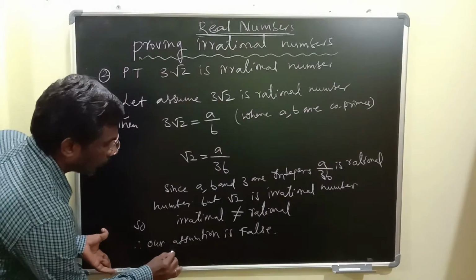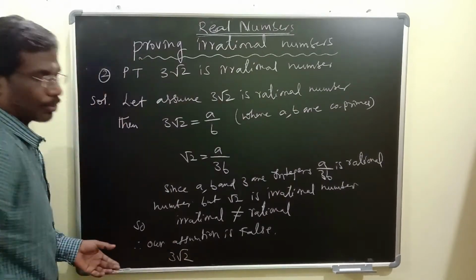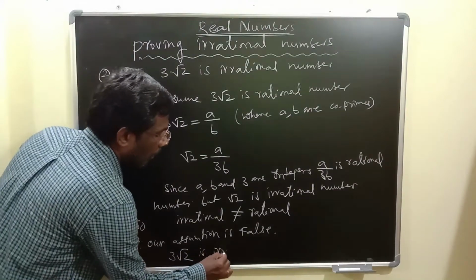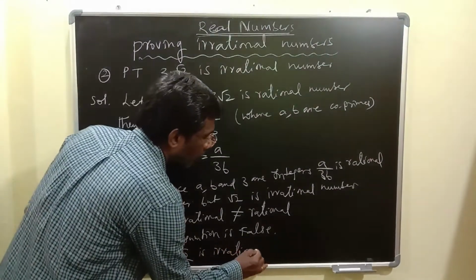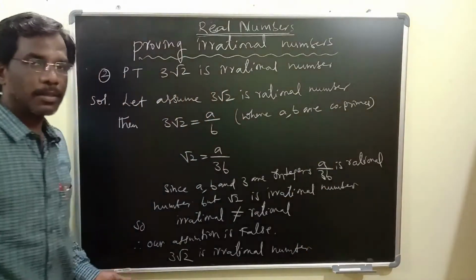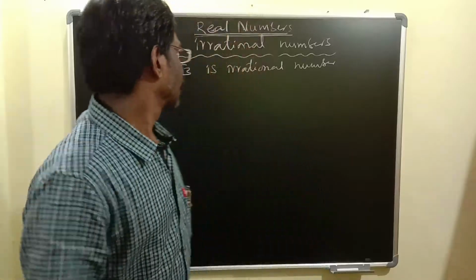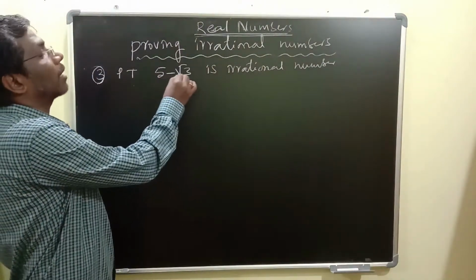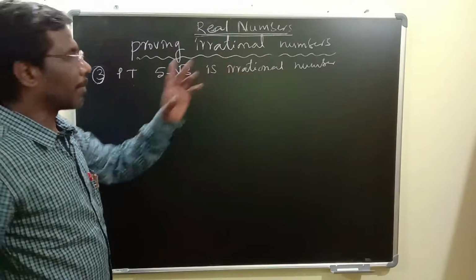So finally, what they gave, 3 root 2 is an irrational number, is correct. Now the next question, question number 3, prove that 5 minus root 3 is an irrational number.